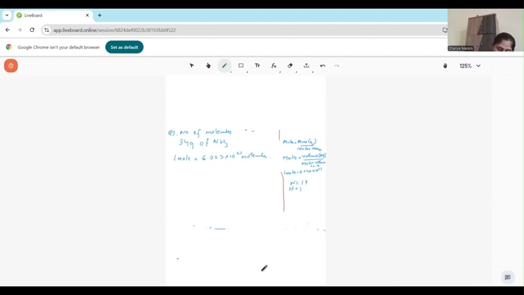Now, in ammonia, can we find out the moles of ammonia? Because we know the mass in grams over molar mass. Mass in grams is given to you, 34.